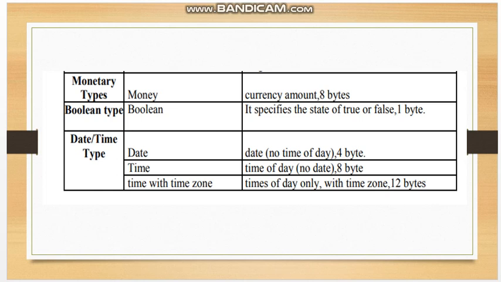And if you want time with a time zone, we can use the time with time zone data type. So these are the set of data types which we can use with PL/SQL. These are a range of data types which we can use according to our need. I think this is clear to you.